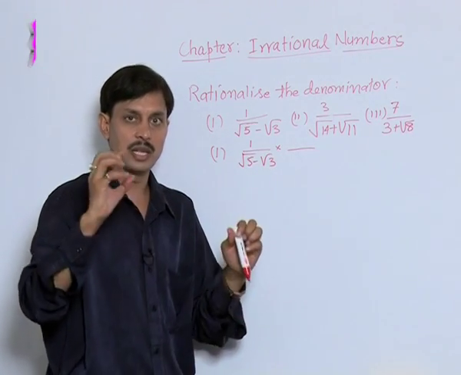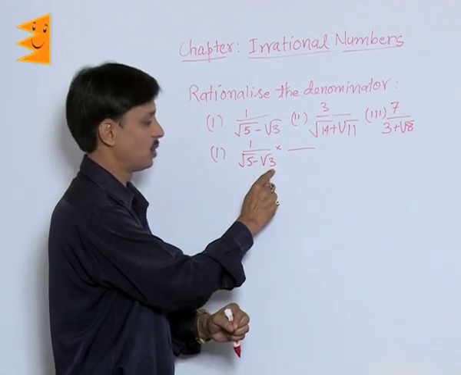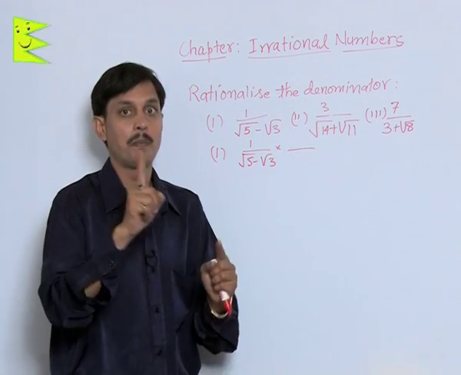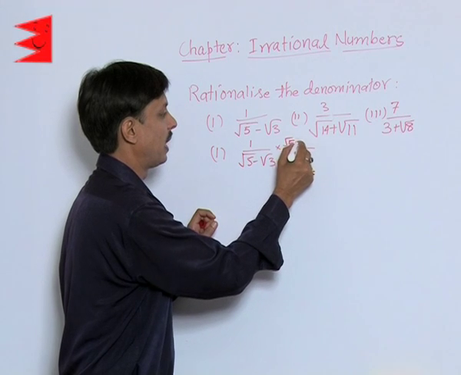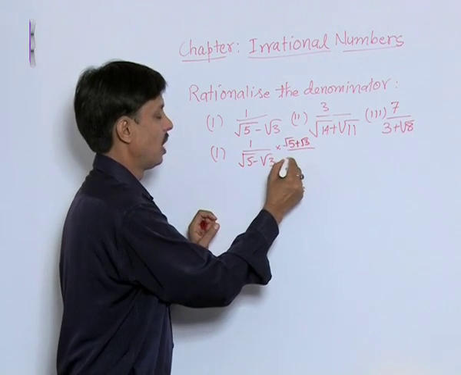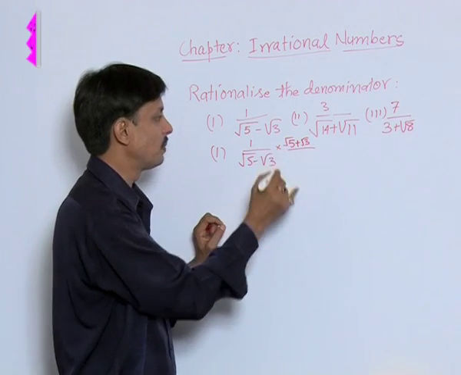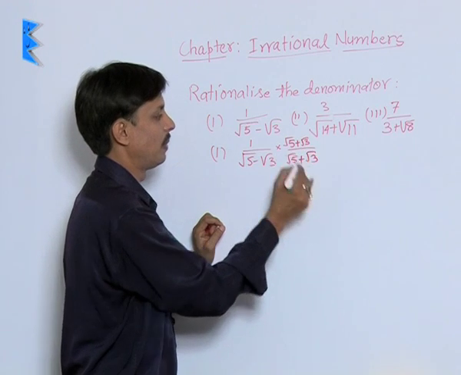If I change the sign between the two terms, here it is root 5 minus root 3, I will get root 5 plus root 3. So I need to multiply by root 5 plus root 3. The numerator is multiplied, and to keep the value the same, the denominator is also multiplied by the same number.